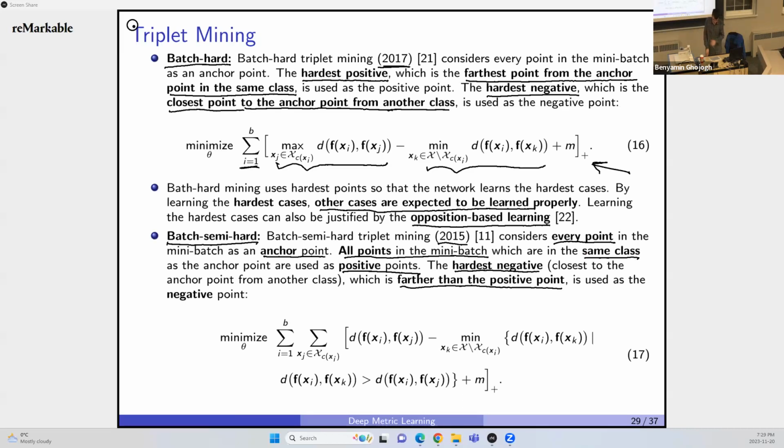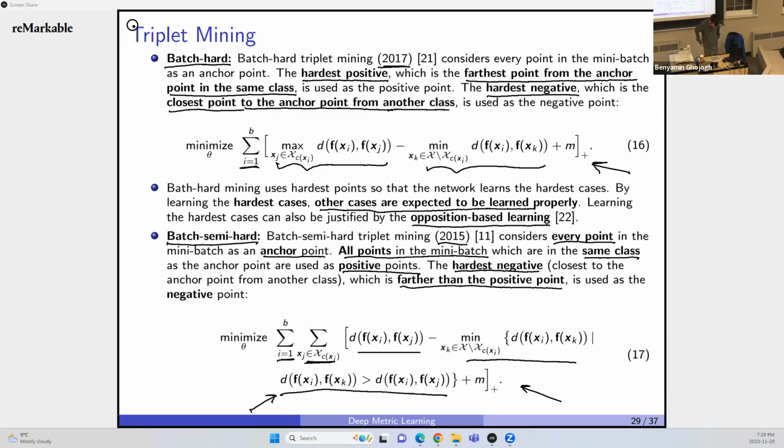So for every triplet we have the anchor and positive, right? The positive is known for every triplet. Then for selecting the negative, get the hardest negative which is farther than that positive from the anchor. This condition means the negative is farther from the anchor than the positive, and we are using the triplet loss. Do you see that?